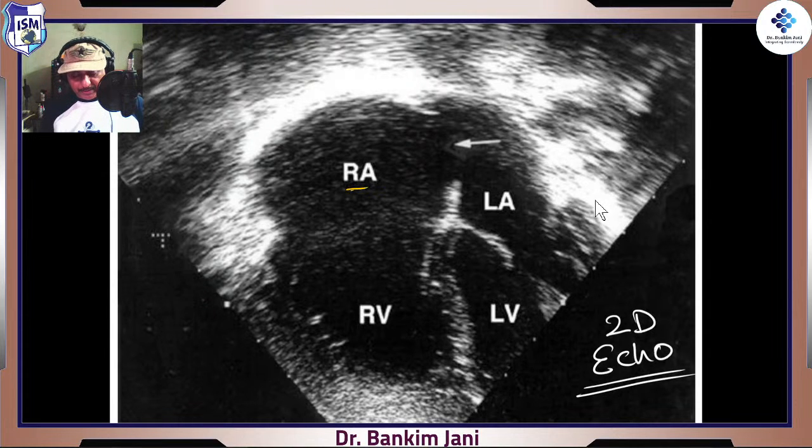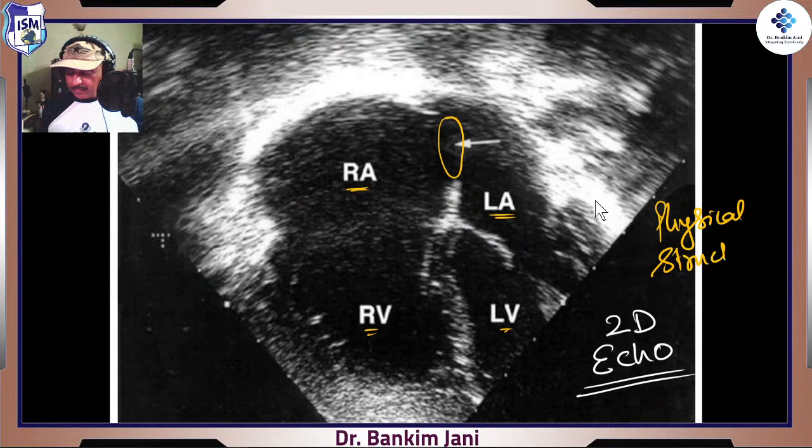So that is the right atrium, right ventricle, left ventricle, and we see that huge, big defect. There is a huge defect. So here in echo, what you are watching is actually the physical movements or the physical structure.